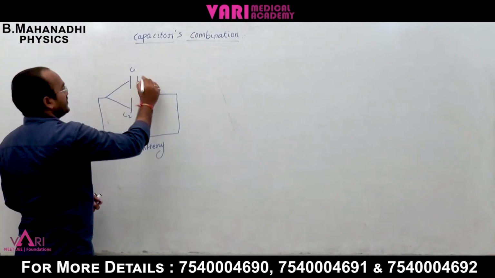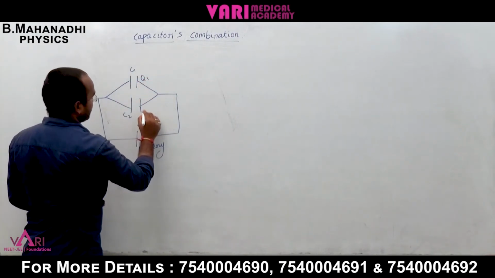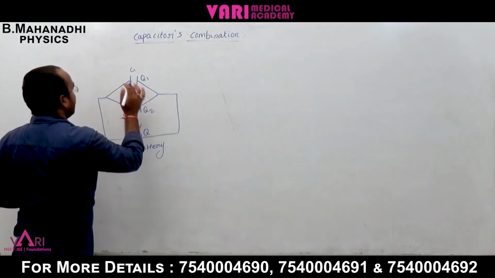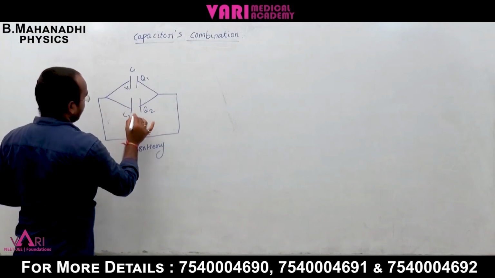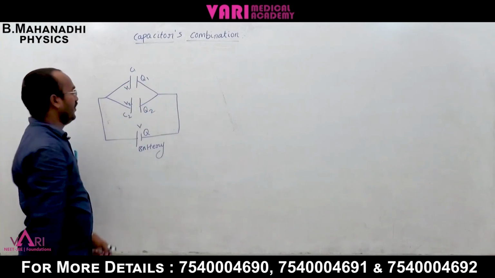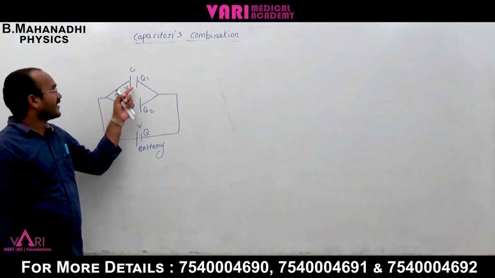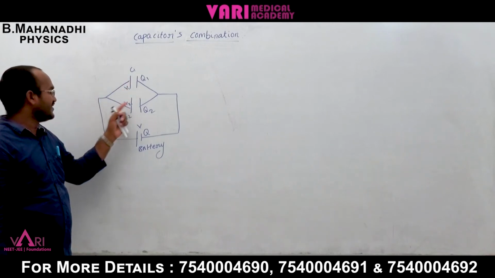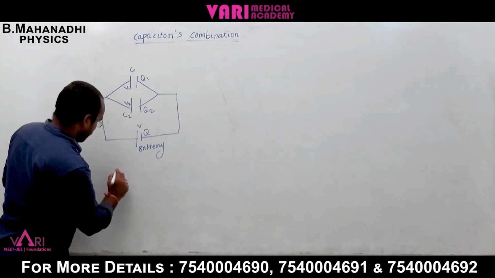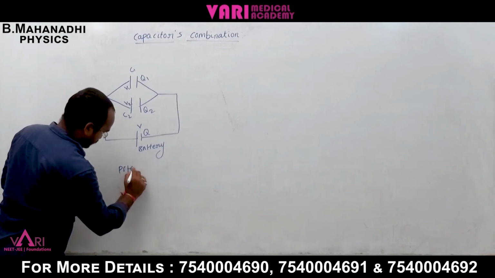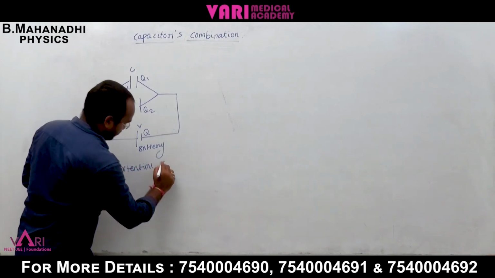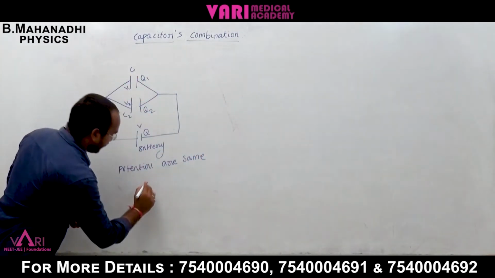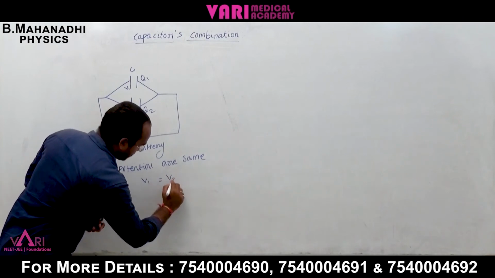First capacitor of charge Q1, second capacitor of charge Q2. First capacitor of potential V1, second capacitor of potential V2. But when capacitors are connected in parallel, the potentials are the same, which means V1 is equal to V2.